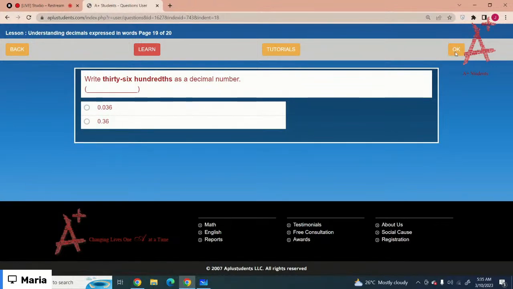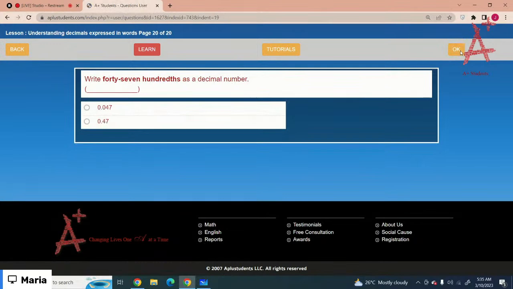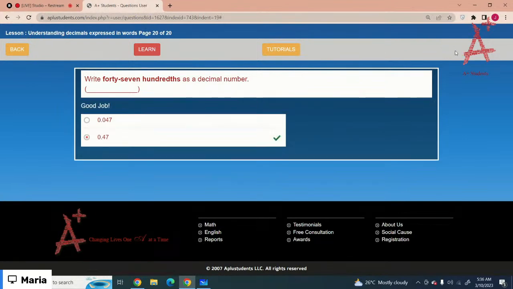So which is the correct option? That is 0.36. Got it? Write 47 hundredths as a decimal number. So which is the correct option? 0.47. Got it? We are done with the test.